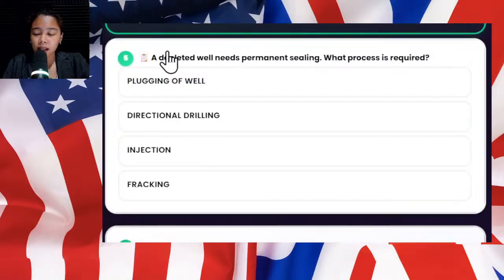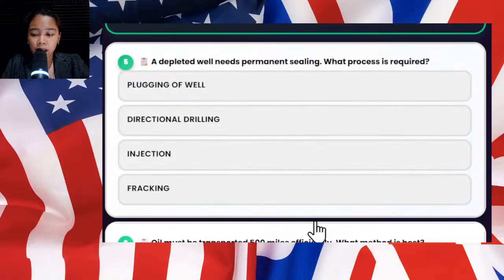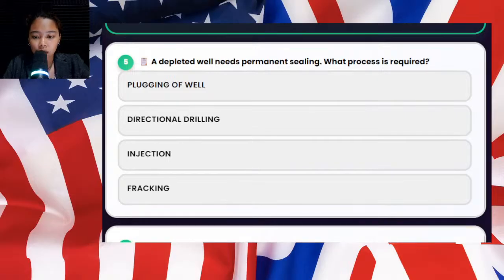Number 5: a depleted well needs permanent sealing. What process is required? Okay, share your answers in 10 seconds.